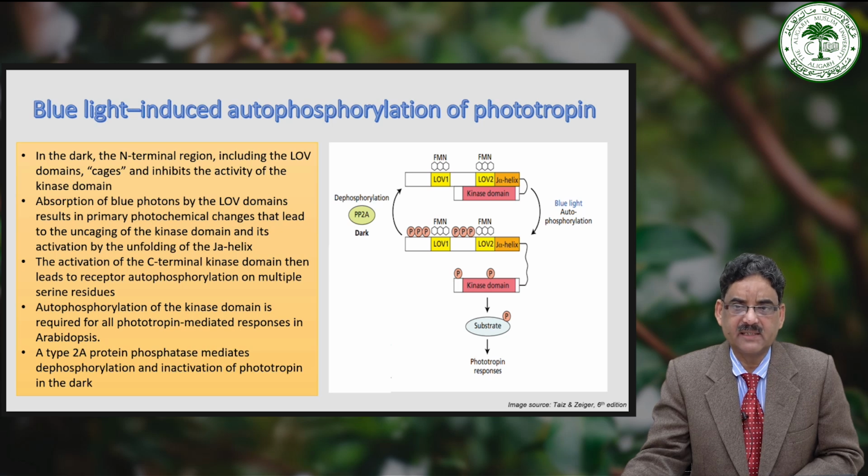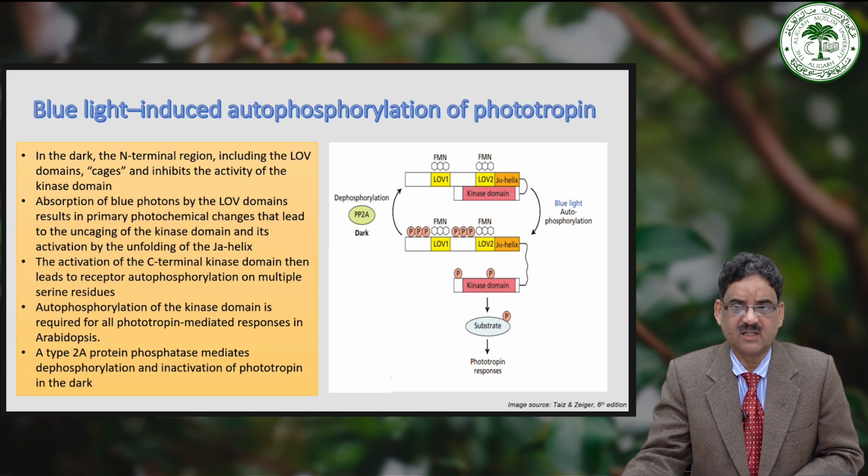When blue light is absorbed by the LOV domains, primary photochemical changes occur, leading to the uncaging of the kinase domain and its subsequent activation. The J alpha helix loses its helical structure as a result of photoexcitation.